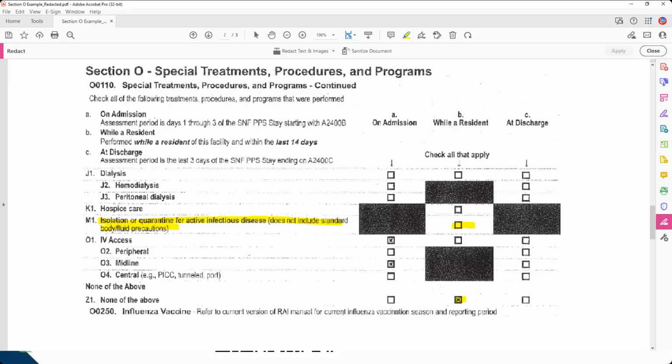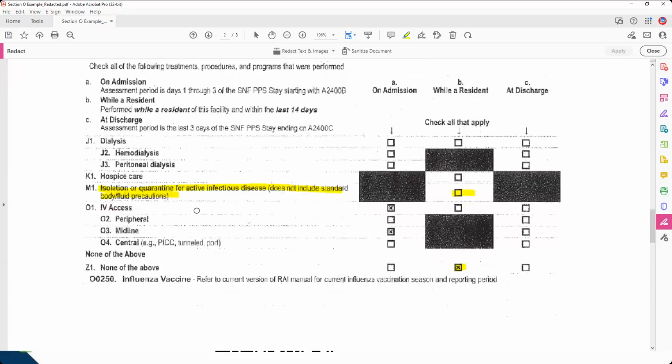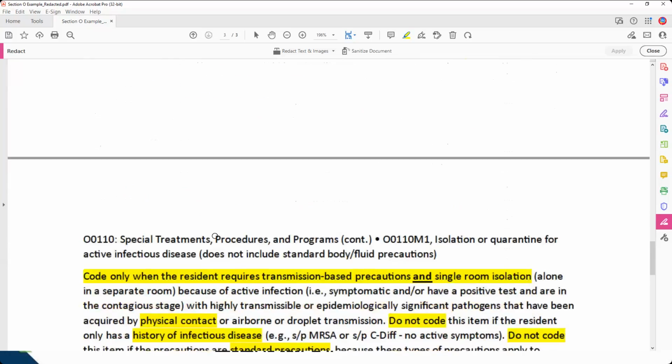And then before the patient was discharged to the skilled nursing facility, that PICC line was again removed. Now, the MDS in this case was coded as we scroll down here.